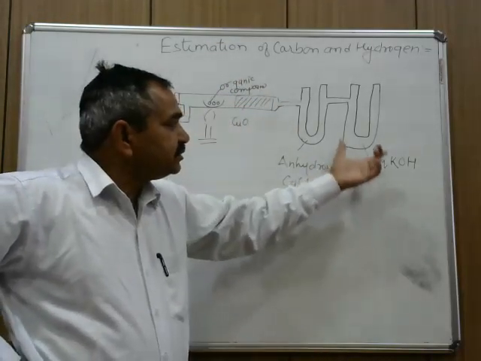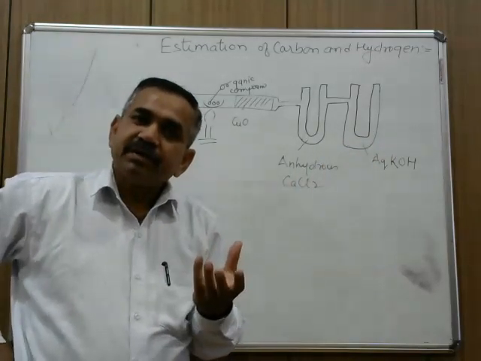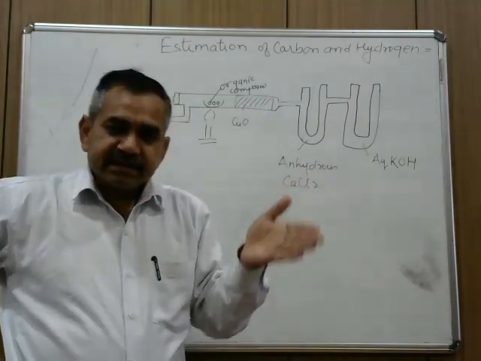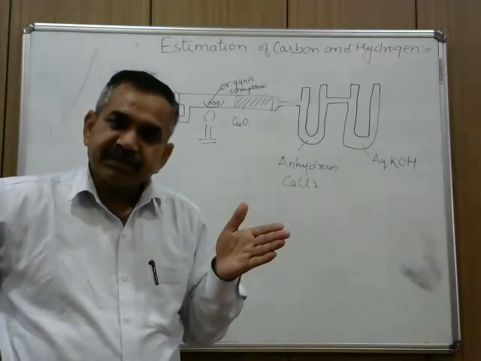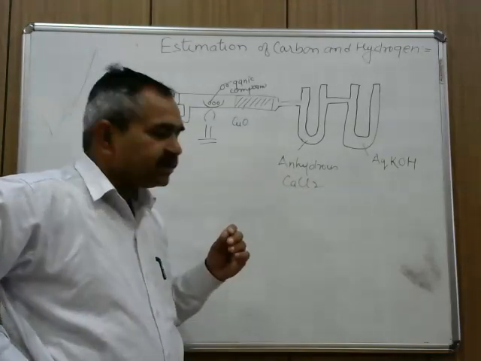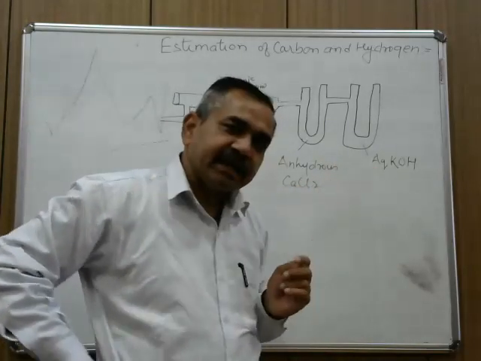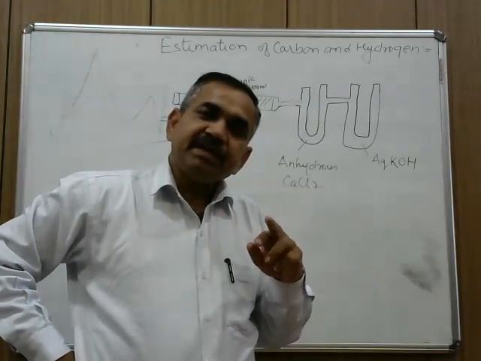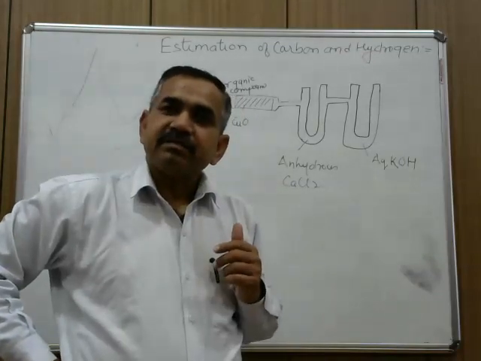Then the weight of these two instruments is taken again. So this time the weight will be more, and once the initial weight is subtracted from this final weighing, the weight of water vapors formed, or weight of calcium chloride form, is obtained. Say for example, initially it was 10 grams. Then after the completion of the experiment, when it was weighed, it was 10.30 gram.